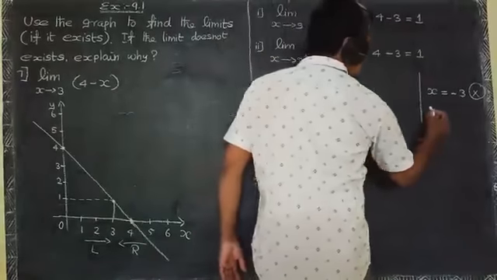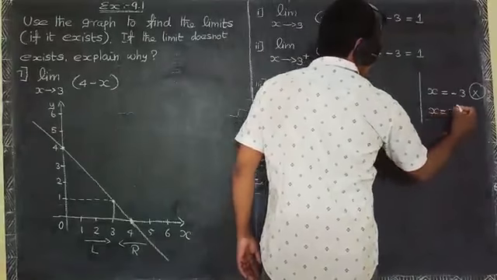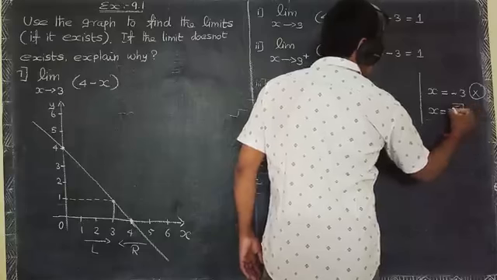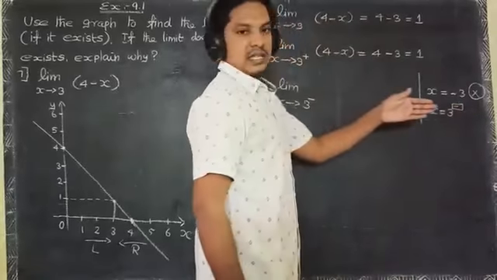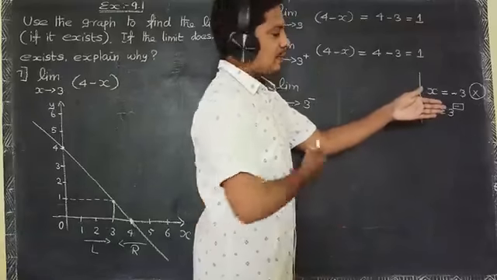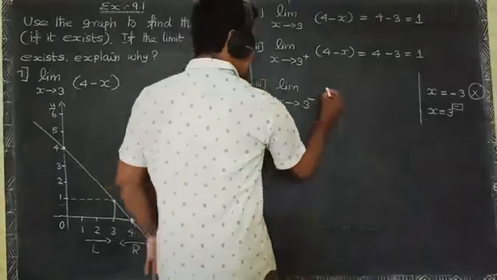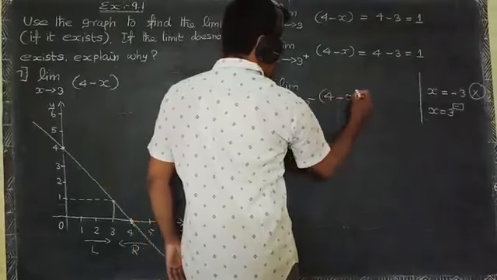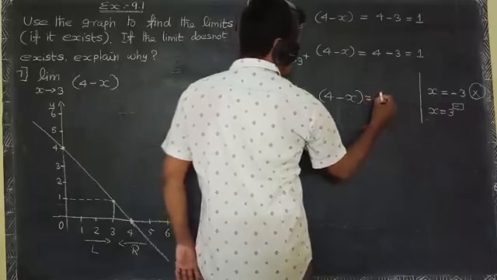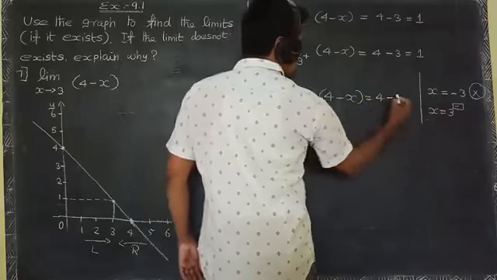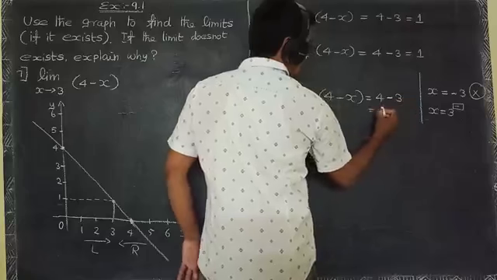Here x equal to 3, the minus sign represents approaches to 3 from the left side. Here the function 4 minus x, 4 minus 3, which is equal to 1.